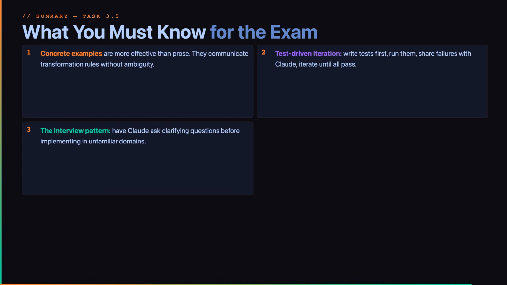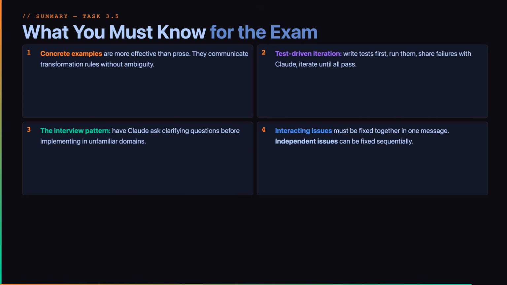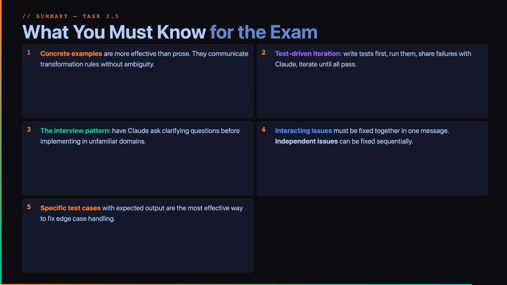The interview pattern. Have Claude ask clarifying questions before implementing in unfamiliar domains. 4. Interacting issues must be fixed together in one message. Independent issues can be fixed sequentially. 5. Specific test cases with expected output are the most effective way to fix edge case handling.